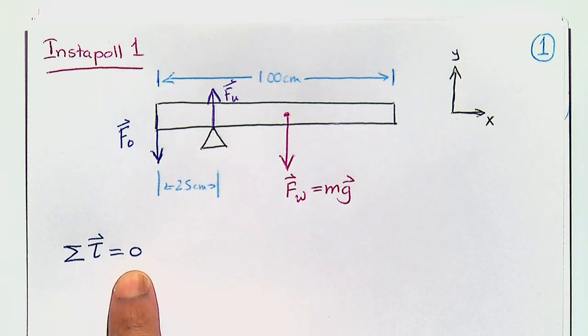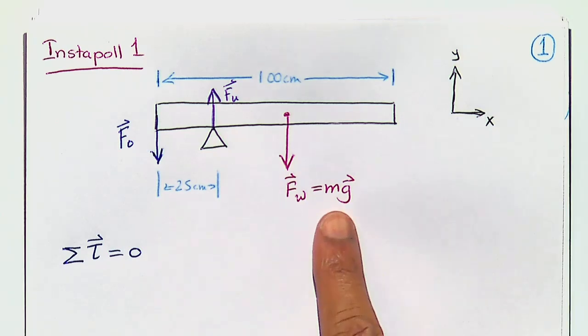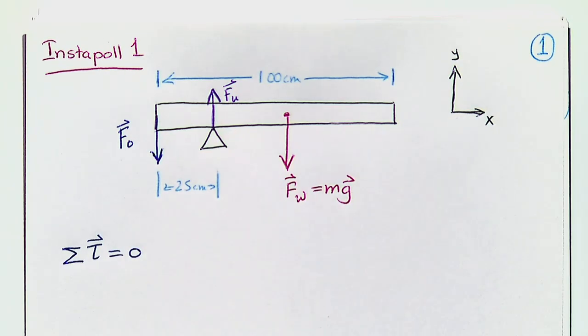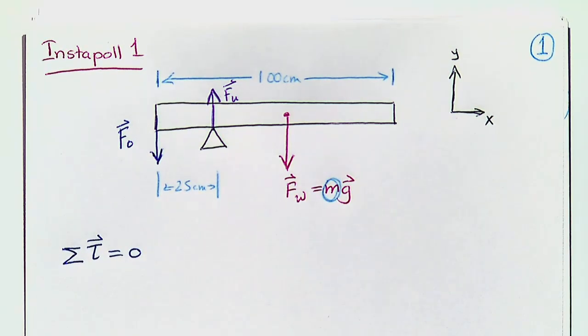So let's pick a point to calculate torque. Now, what we are trying to find is the mass of the meter stick. So this is our unknown that we're trying to solve for, and we don't want to get rid of that variable.